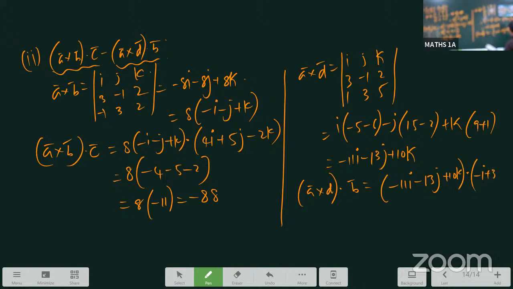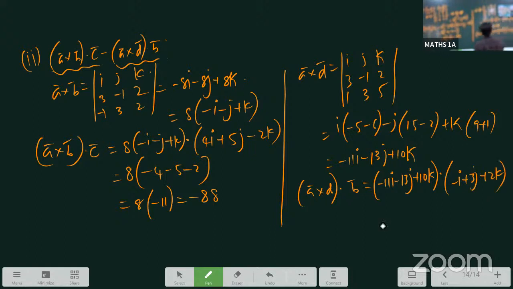Minus I plus 3J plus 2K. Now that is 11 minus 39 plus 20. Right? That is minus 8.